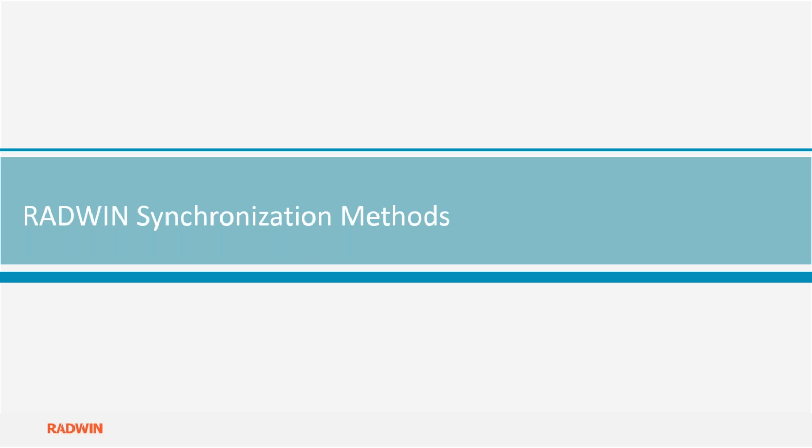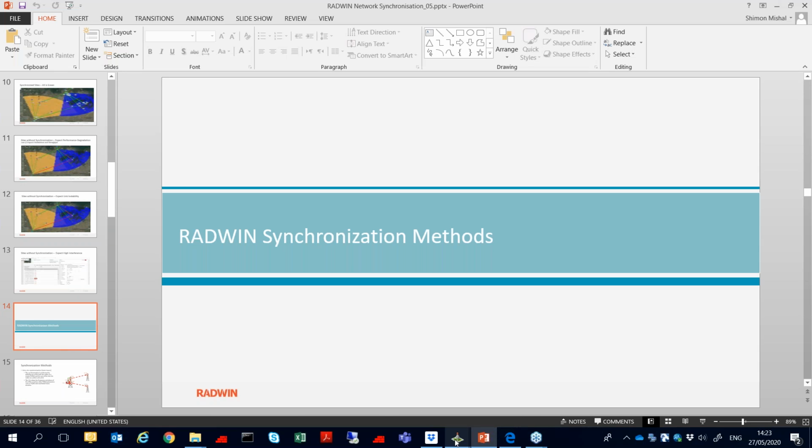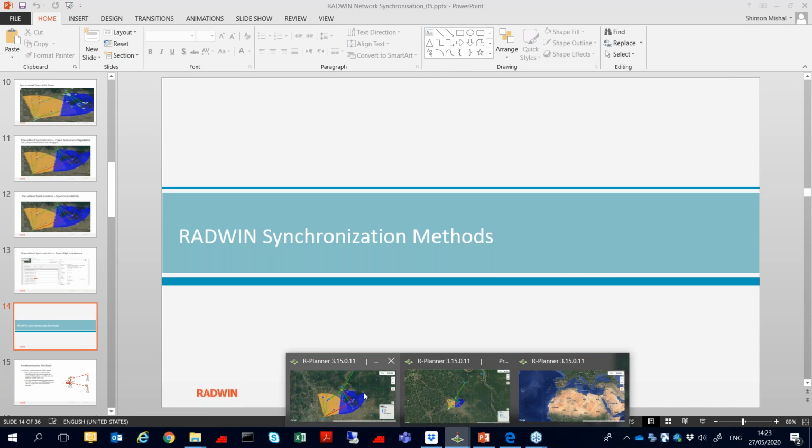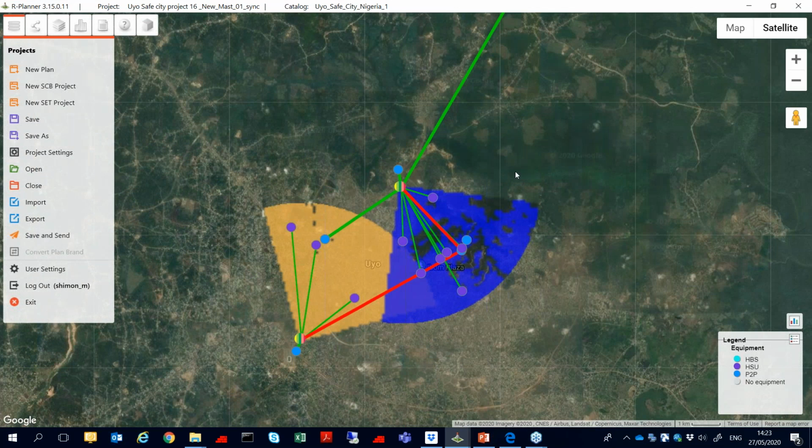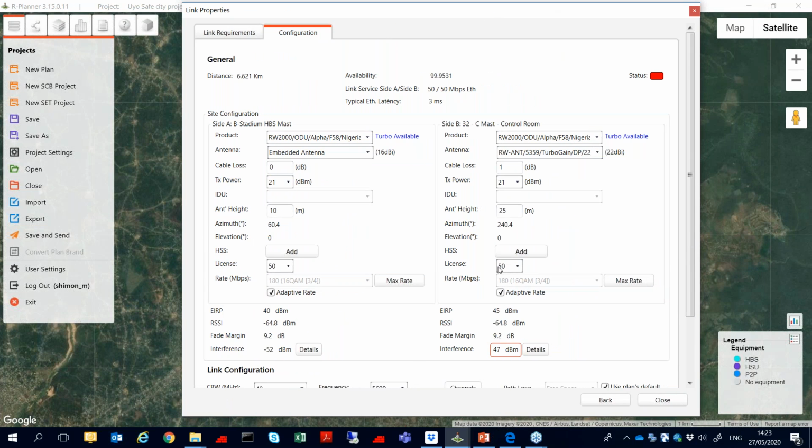Now, let me reduce a little bit and go back to the real R planner. You can see this is the R planner. This is the tool. And if I right-click on the red link, you can see that there is interference. The link is red.